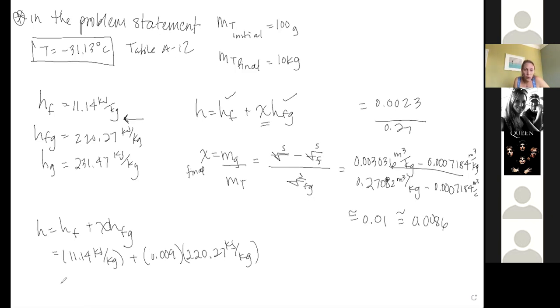And if we put all these together, we get 13.12 kilojoules per kilogram, which is our enthalpy final of our system.